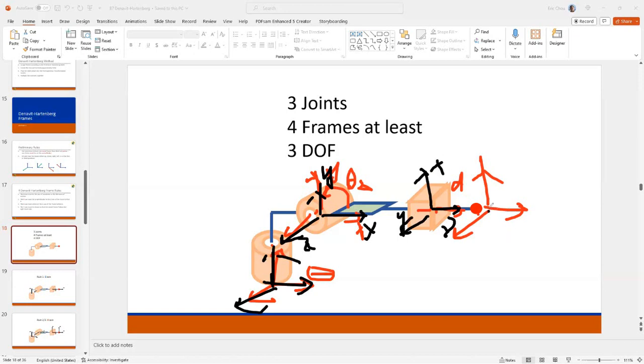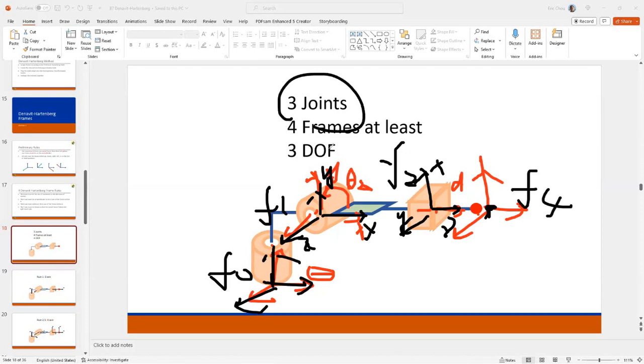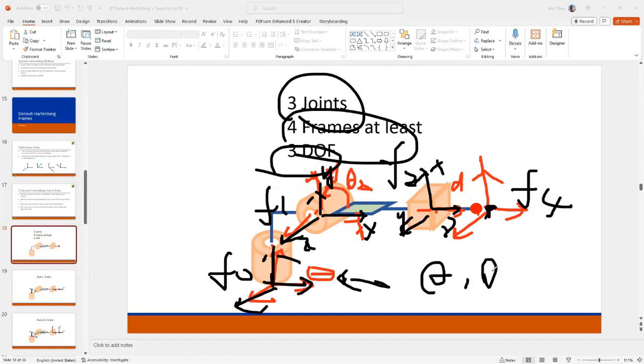Fourth one is the observation frame of the end effector. So frame 0, frame 1, frame 2, frame 3. 3 joints, 4 frames, 3 degrees of freedom, because you have 3 variables: theta 1, theta 2, and D.